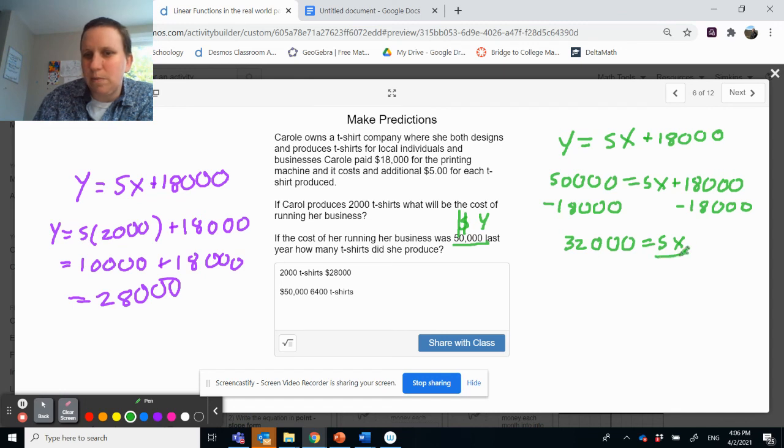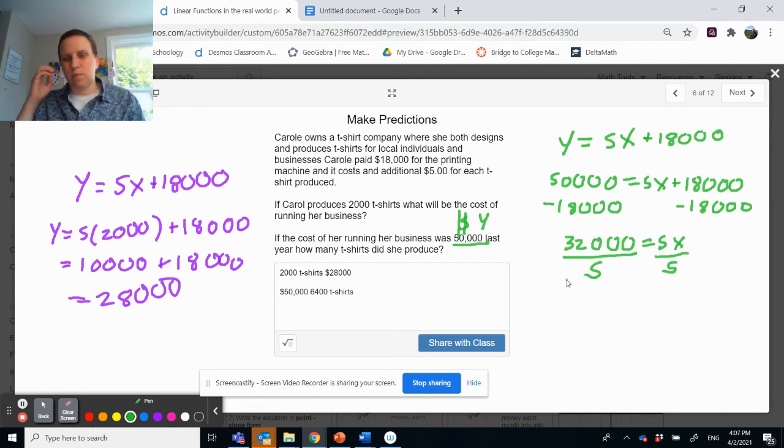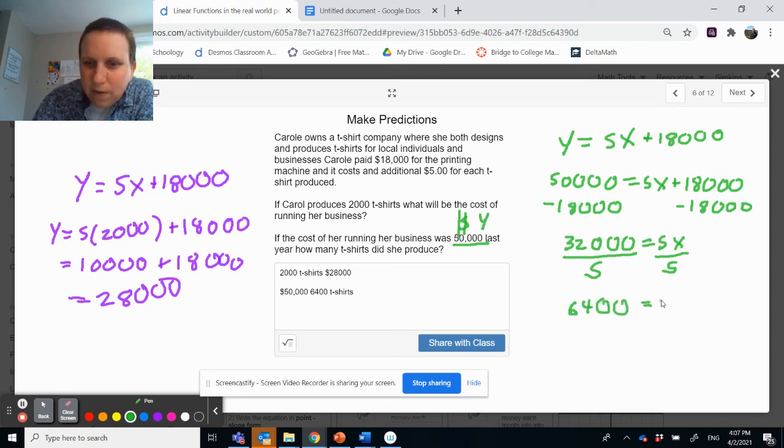And then I'm going to divide both sides by 5. So 32,000 divided by 5 is 6,400, which is exactly what I expected to get from the graph. I get 6,400 equals x. So you can use the graph or equation to answer this prediction question.